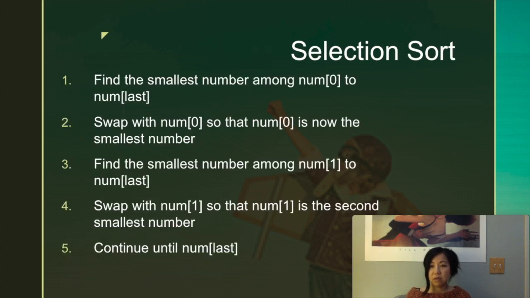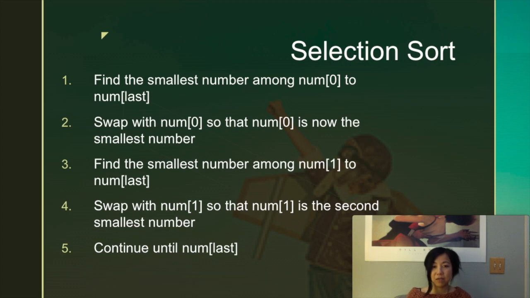So what is selection sort? Basically, you're given an array of numbers from 0 to the last index of the array. You find the smallest number in the whole array, and then swap that number to the first position, which is num0. Now num0 has the smallest number in this array.